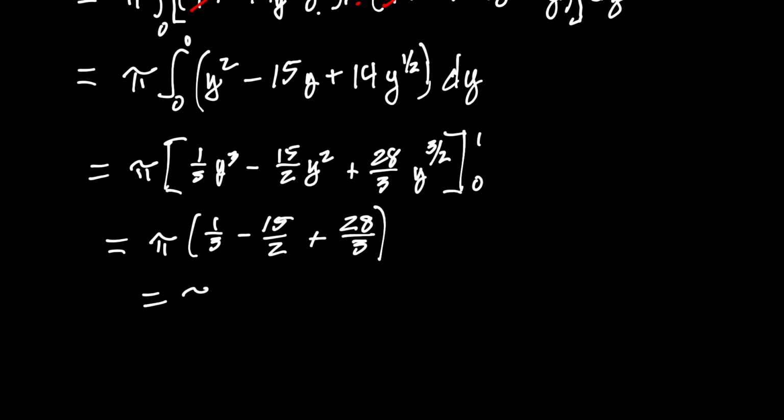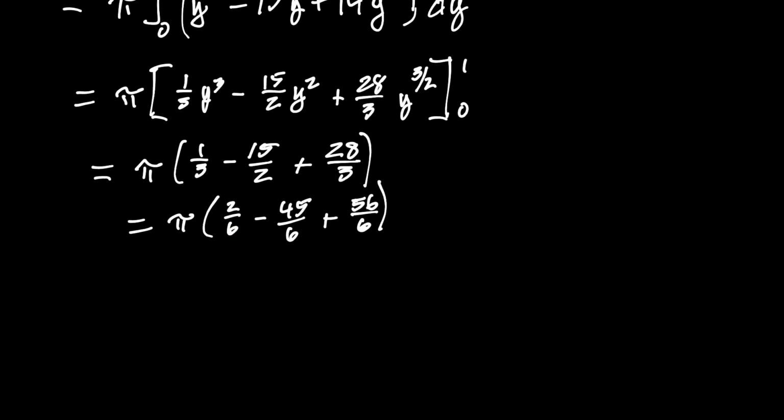So I have pi times 2/6 minus 45/6 plus 56/6. So go ahead and add those three fractions together. 56 minus 45 is 11/6 plus 2 is 13/6.